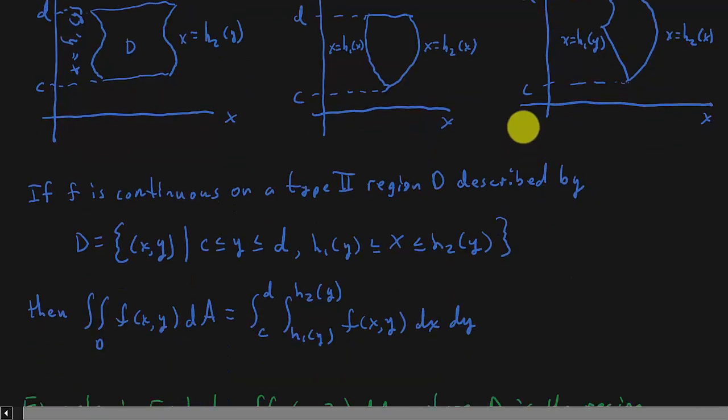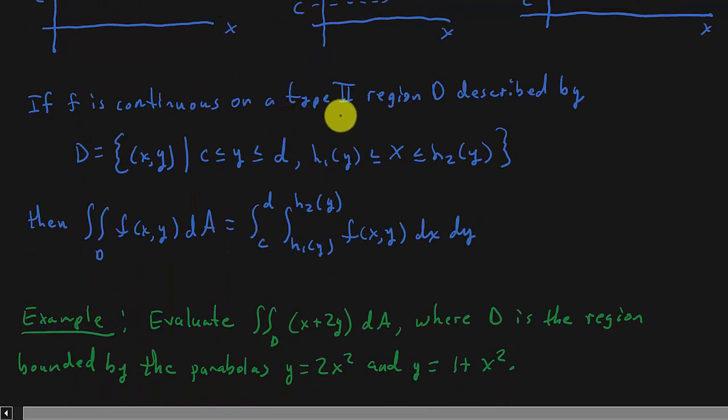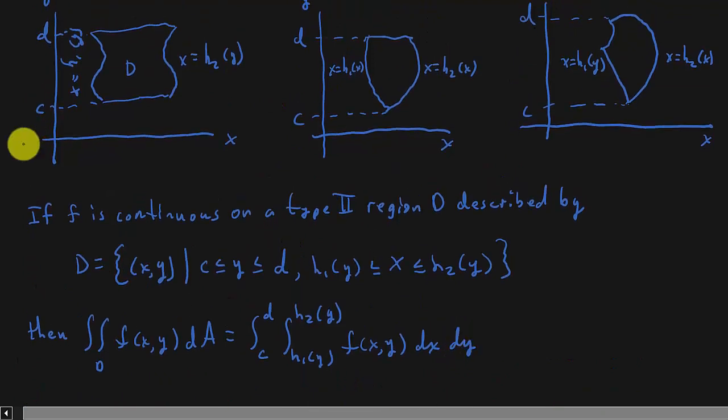Okay. So if f is continuous on a type 2 region, D, described by the set of all x, y, where y is between c and d, x is between h1 of y and h2 of y, then this double integral is the double integral, and you can see here how the y bounds are c and d, and then the x bounds are h1 of y and h2 of y.